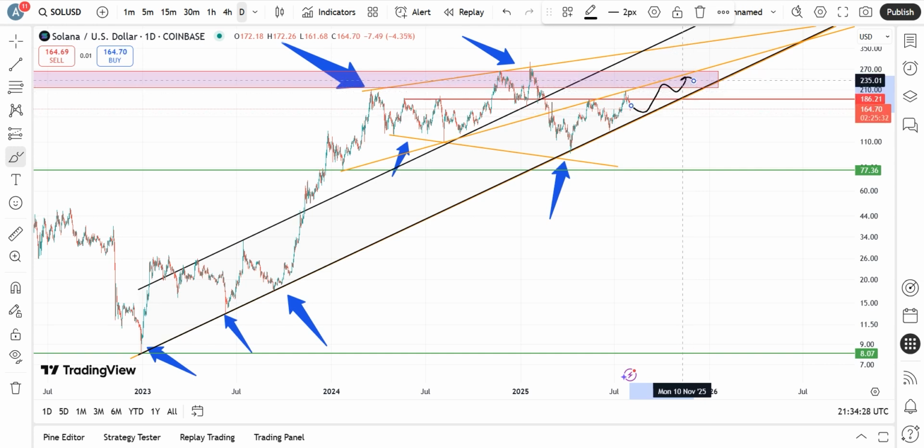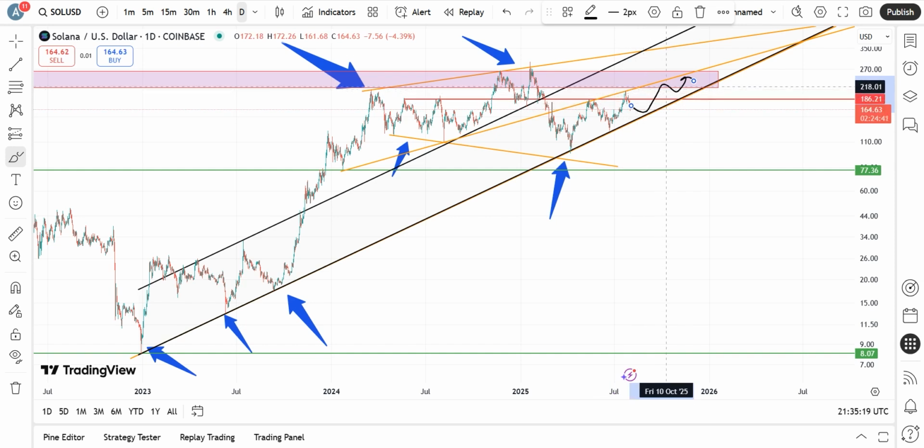If we break this area of resistance, we may also say we have broken the high of all time, and well, I think we can expect a growth of more than 20%. If we assume that this is a triangle, we had 1, 2, 3, 4, and 5 touches.